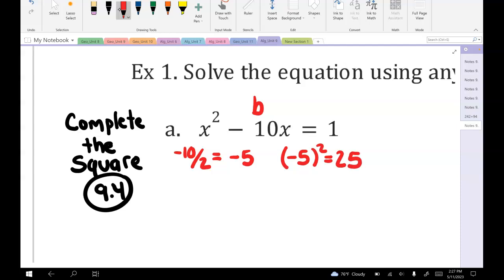And that's the number we add to each side of our equal sign. So we would have x squared minus 10x, and I'm going to write it in a different color because we're adding 25 to this side. And we're also adding 25 to our other side because we've got to keep our equation balanced.